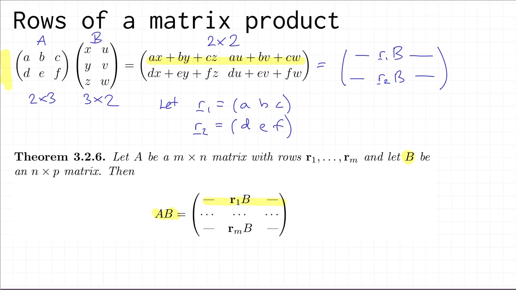So what can we get out of this? What can we get out of this fact that we can think of matrix multiplication happening row-wise?